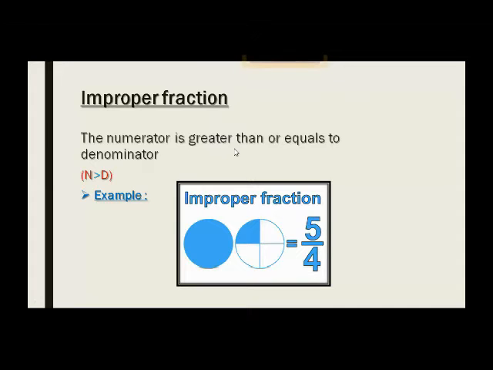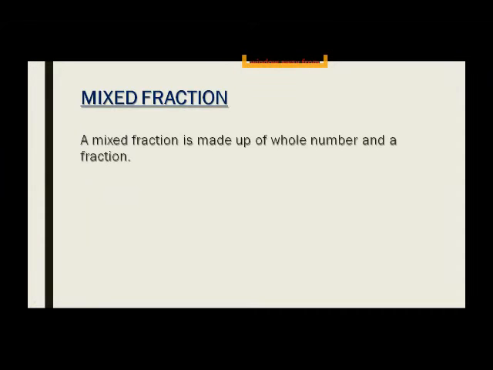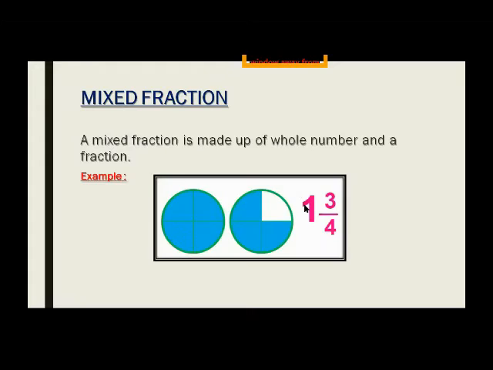Now another and last type of fraction is the mixed fraction. A mixed fraction is made up of a whole number and a fraction. For example, 1 whole 3 upon 4.